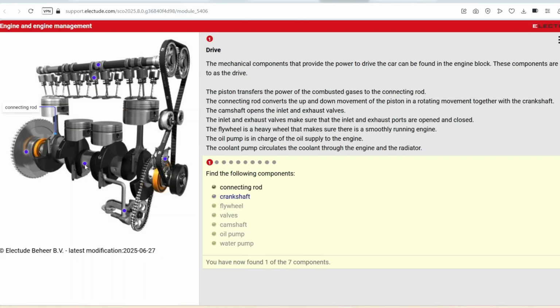So now I need to find the crankshaft, the flywheel. You have now found 3 of the 7 components. You have now found 5 of the 7 components.